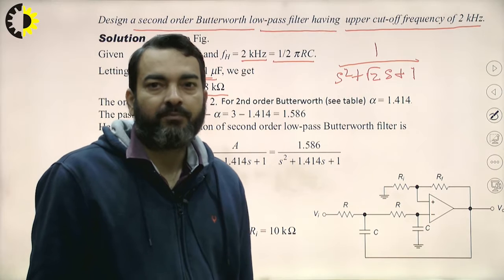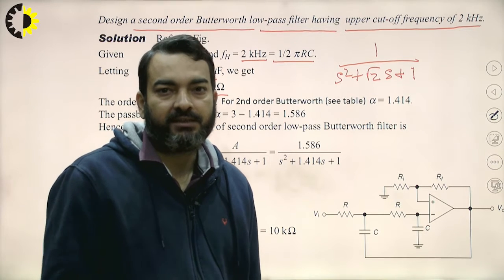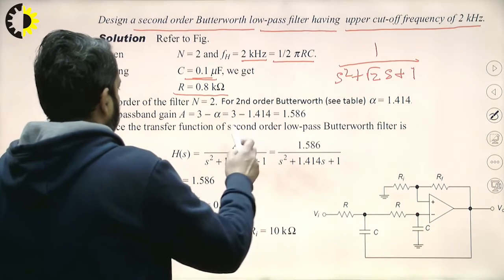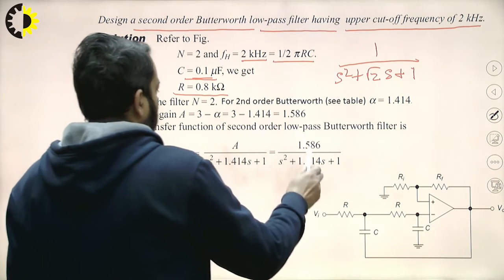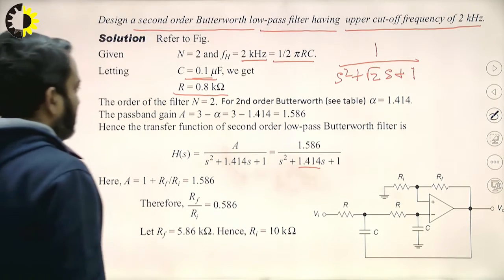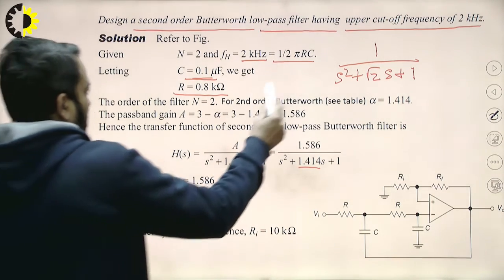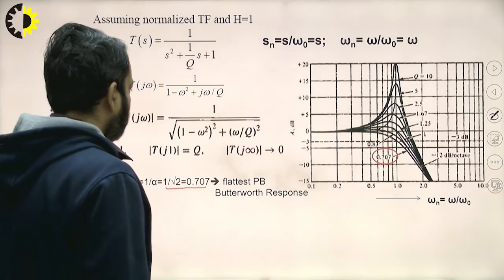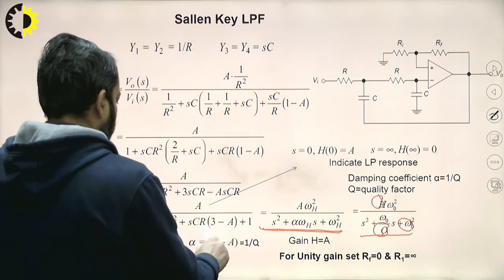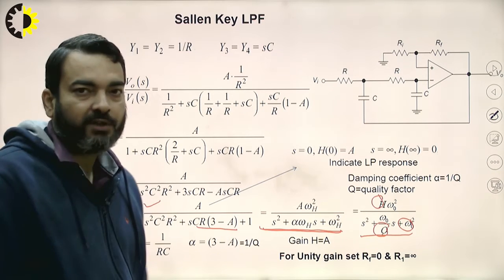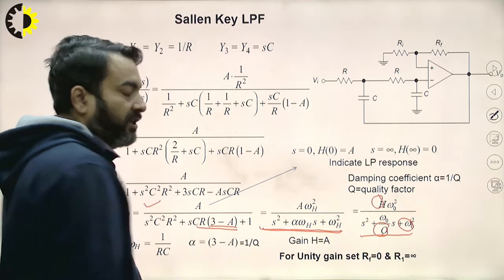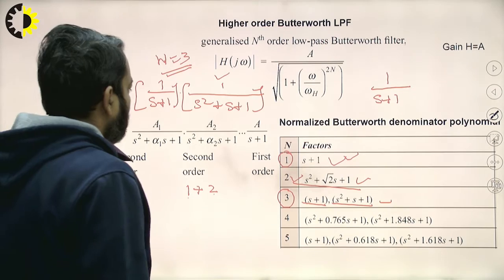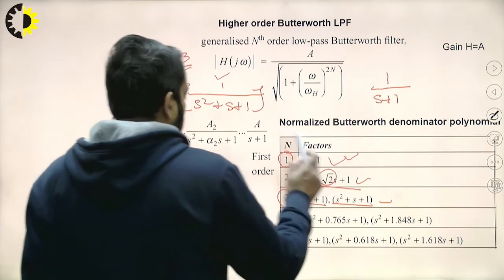Now we compare this equation with the Sallen-Key filter. We know alpha is equal to this much. In this equation, after normalizing, the particular part is 3 minus A, which is alpha. So the alpha value is root 2.